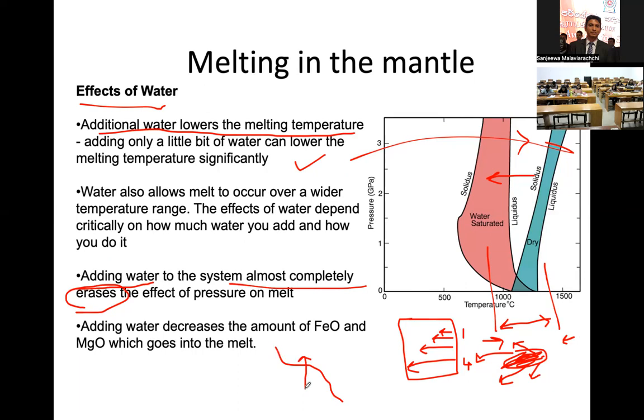The pressure drop or temperature increase, these two. But adding water made everything different, right? So maybe the new solidus is like this. Maybe the new solidus is like that.